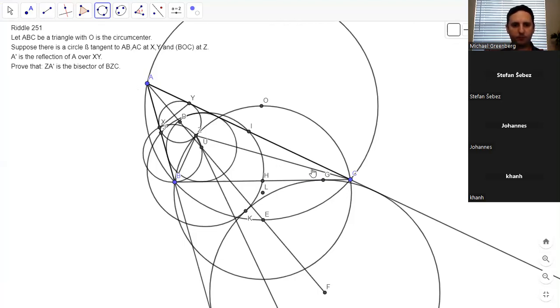Somewhere you take homothety. So Ryan just mentioned to me that BUZX is cyclic. That's an interesting observation. That fact is used to prove the Protassov lemma. Oh, that BUZX is cyclic. Yeah, interesting. Okay, so let's see if we can apply inversion.